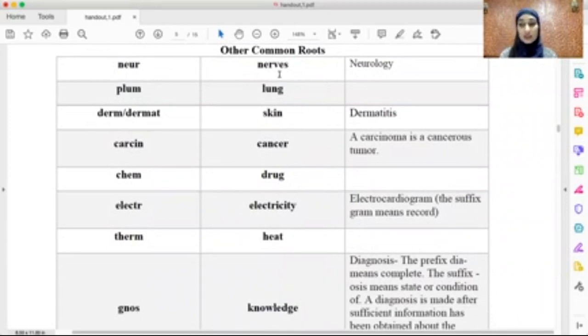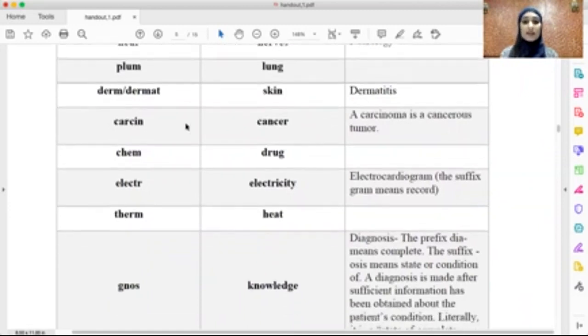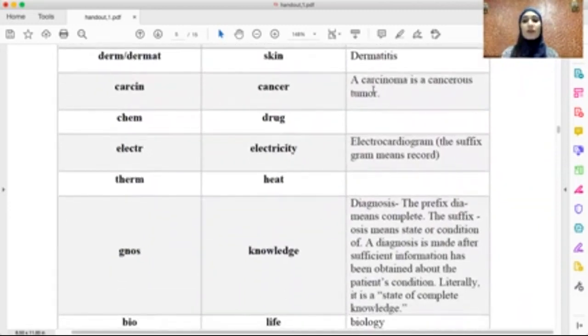As we said, neurology means the study of nerves. We have pulm or pulmon, referring to the lung. We have derm or dermat, referring to the skin, dermatitis, inflammation of the skin. We have carcin, referring to cancer.